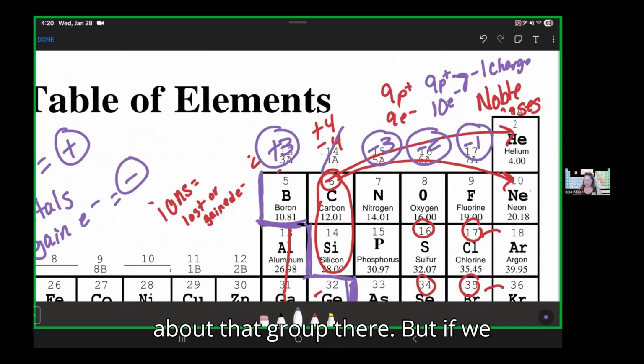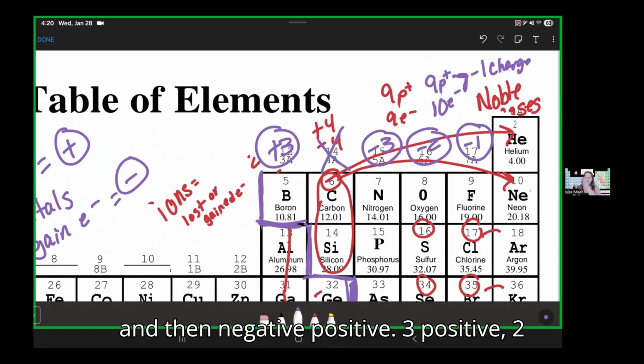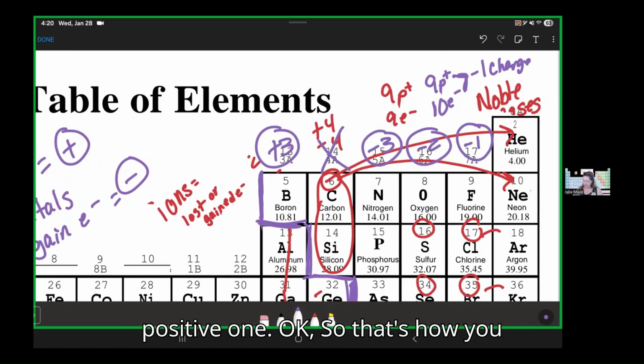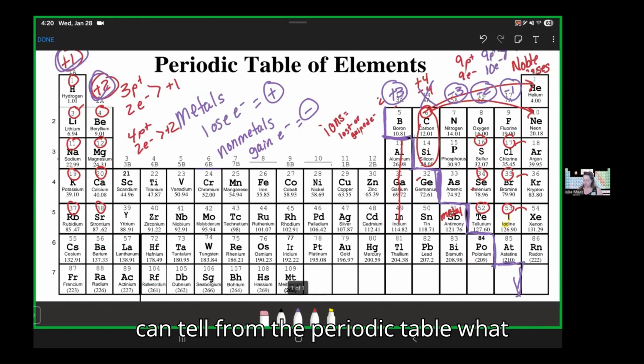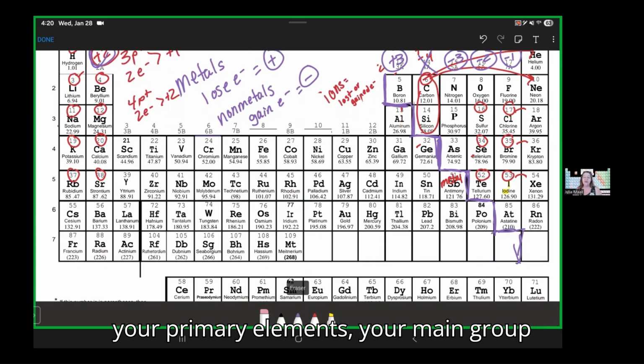Okay, and we don't really worry too much about that group there. But if we did, from the right would be -1, -2, -3, either +4 or -4, and then +3, +2, +1. Okay, so that's how you can tell from the periodic table what your charges are on those elements, your primary elements, your main group elements, the representatives.